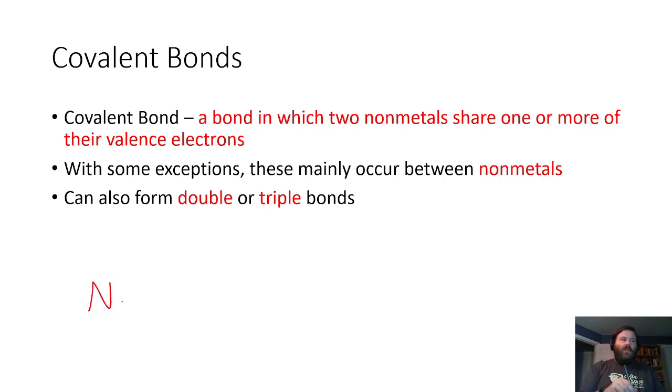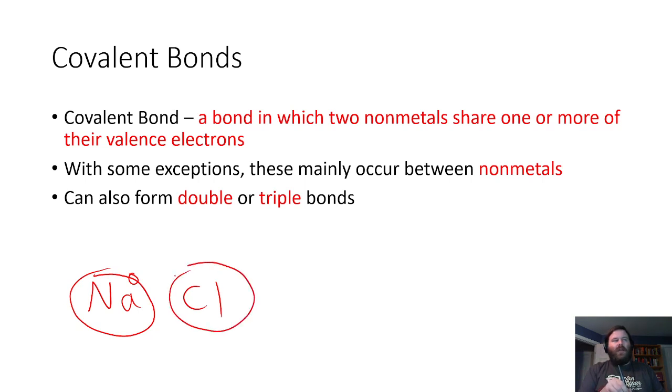For an ionic bond, we had something like this, where sodium had one extra valence electron, and chlorine had 1, 2, 3, 4, 5, 6, 7 valence electrons, and because of the octet rule, remember, it wanted to have 8.